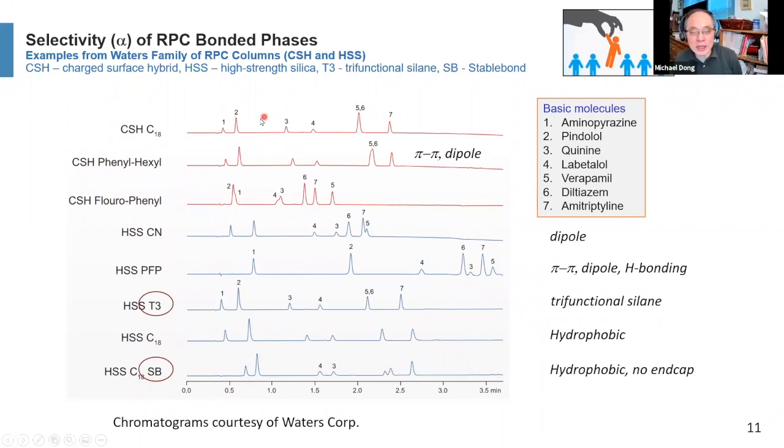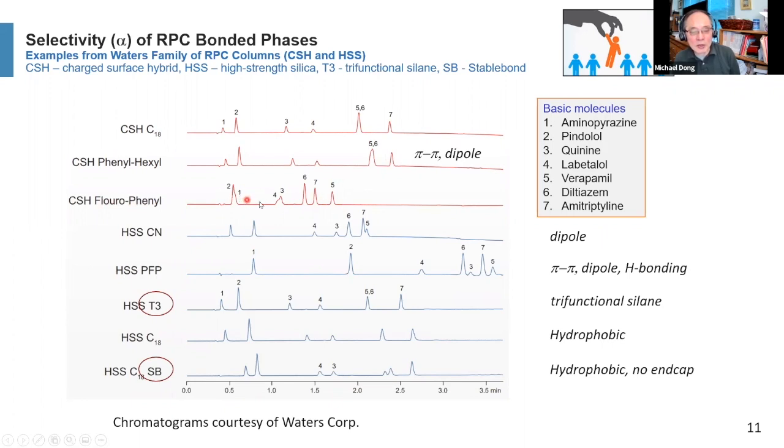Okay, so you can see that when you inject 7 different drugs, you have different selectivity. Some of them are very similar. For instance, the hexylphenyl is quite similar to the C18, but something like pentafluorophenyl is very different.